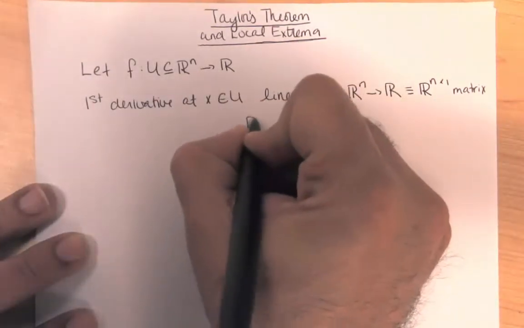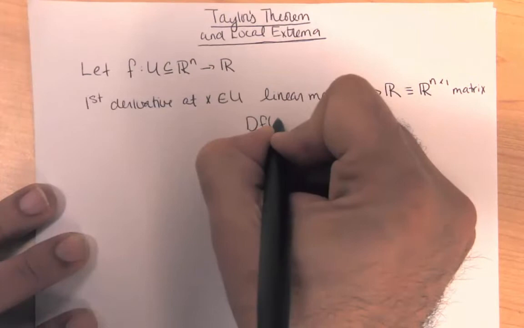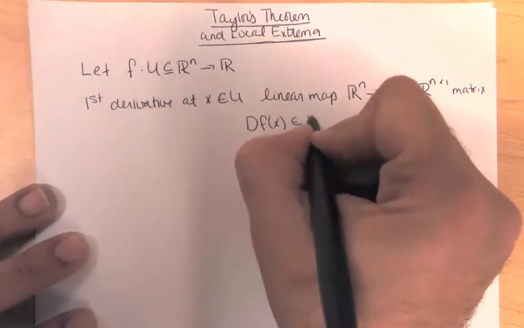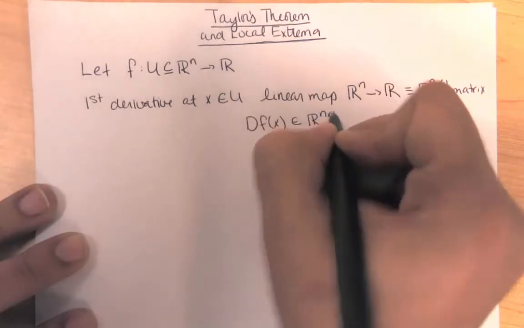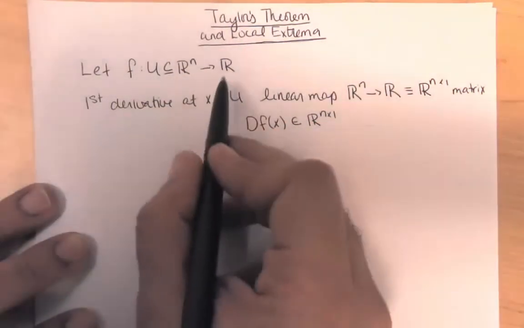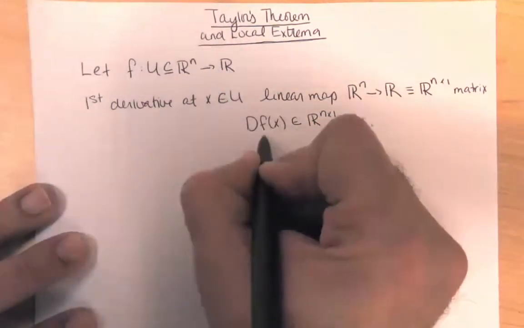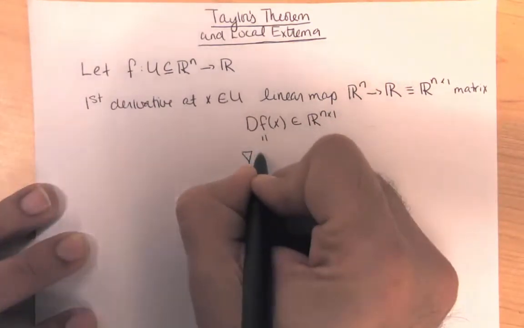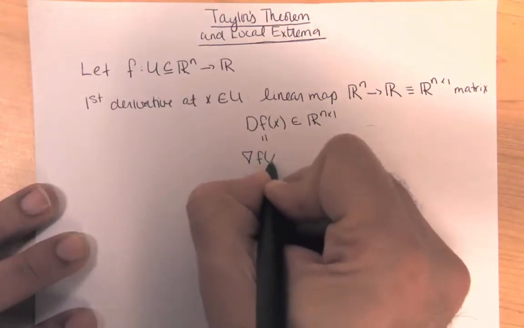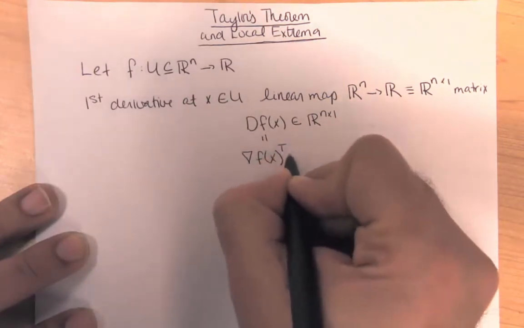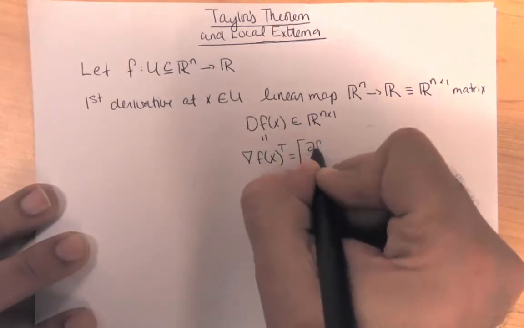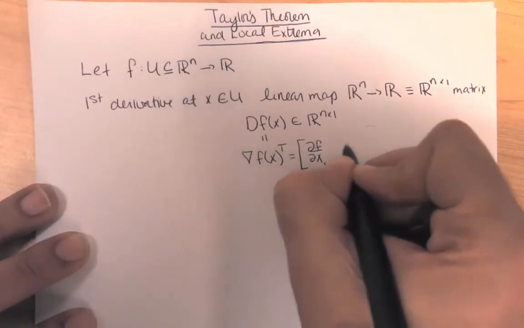So we might write the derivative as an n by 1 matrix, and for a function that is real valued, this is equal to the gradient transpose, which is the horizontal array of all of the partial derivatives in every canonical direction.